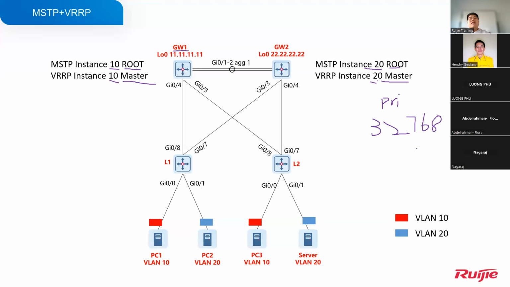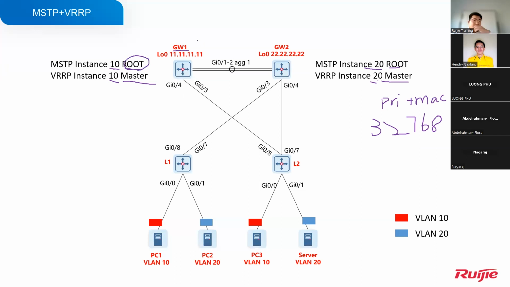32768. Okay. So when both of the switches, for example GW1 and GW2, are using the default value, we cannot determine based on the priority. Then we should compare the MAC address. So in this case, to control the roots of each instance, we can modify the priority of GW1 and GW2 in different instances.